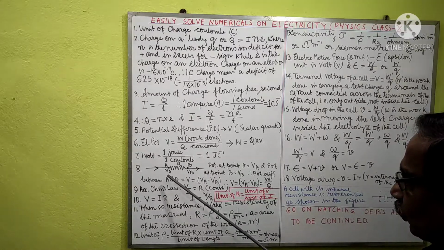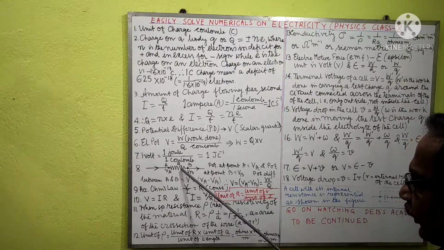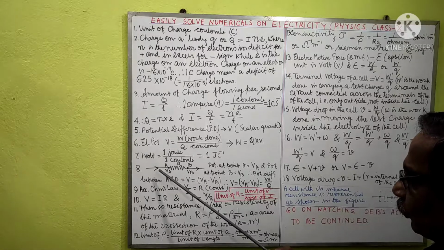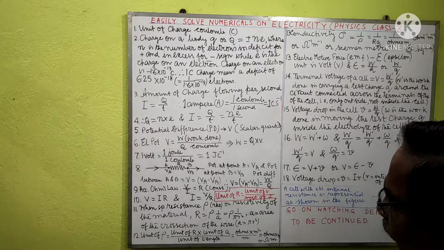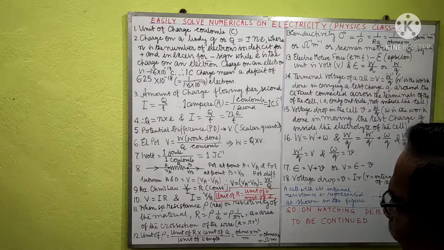Here it is shown a resistance R through which the current is flowing. At point A the potential is VA, and at point B the potential is VB.